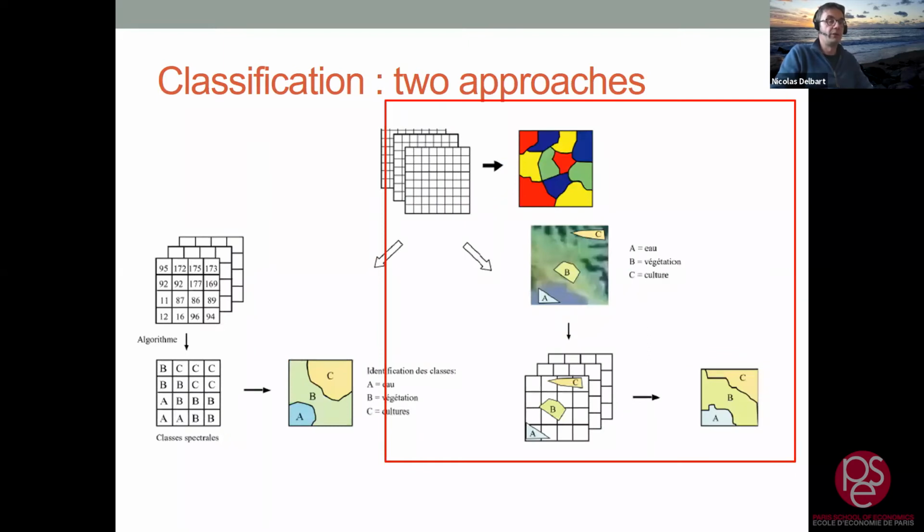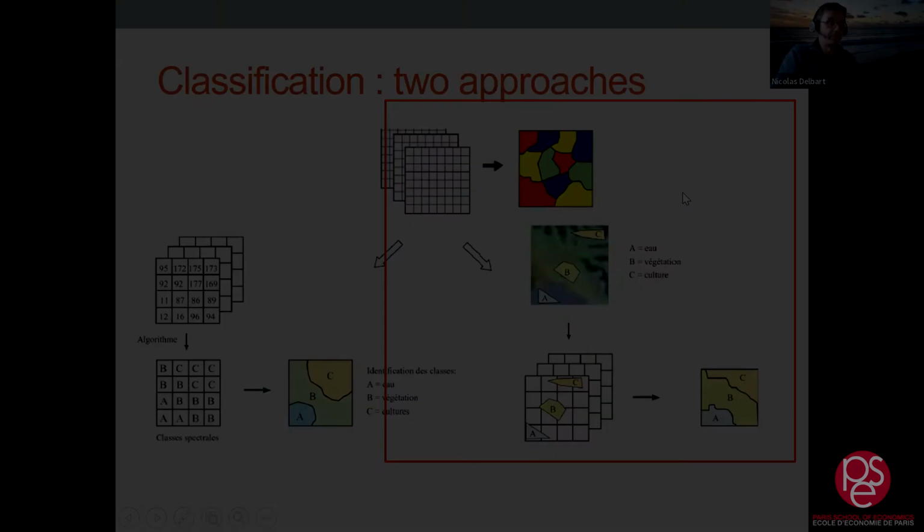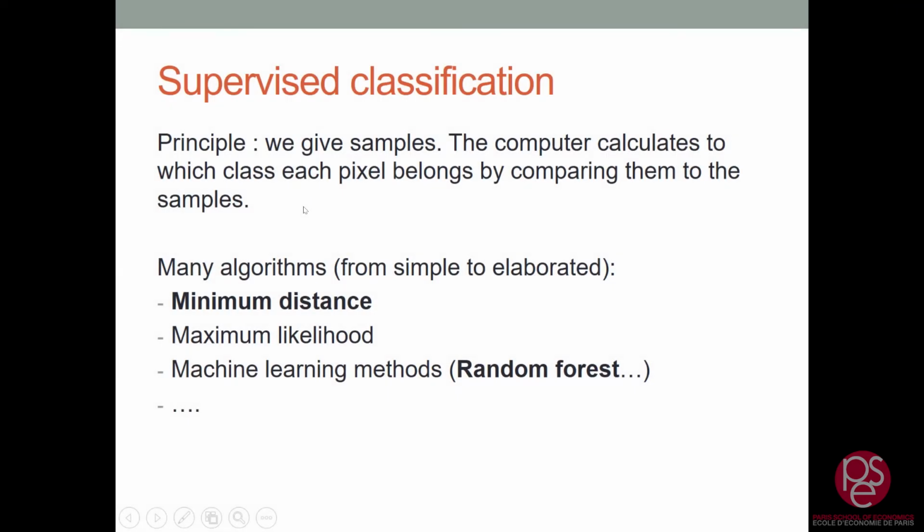So first, I will talk more about this supervised approach. So I was talking about a supervised classification. The concept is to give samples, and the computer calculates to which class each pixel belongs by comparing them to the samples. And in order to do that, there are many algorithms, from simple to elaborate.